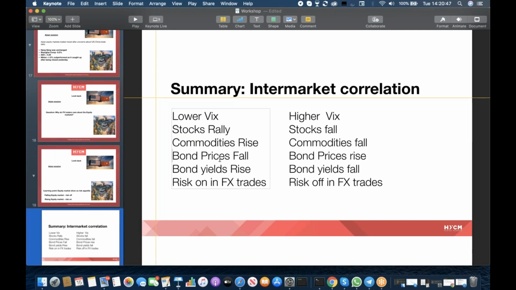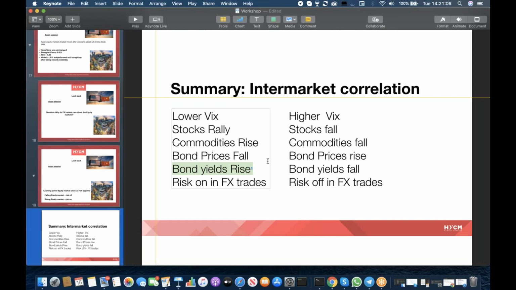When bond prices fall, it's because investors are taking money out of bonds and putting it into equities, which is where you get stocks rallying and rising yields. The yields rise as a way of attracting investors and investment. That's when it's risk on in FX trades.